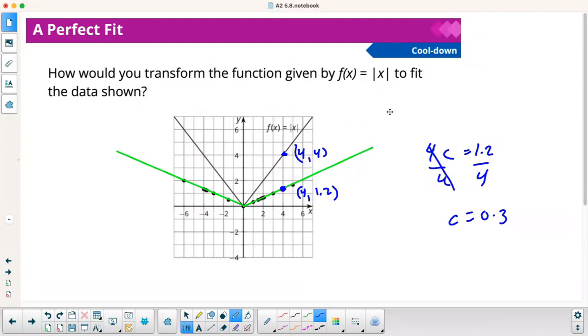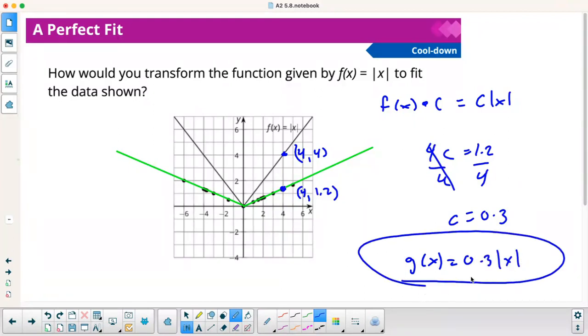So my new function would be f of x times c. Basically that's going to be c times f of x, but now we found c, so we're going to give it a new name because I don't want to reuse f. I'll call it 0.3 times the absolute value of x. And again, that's an approximate number here.